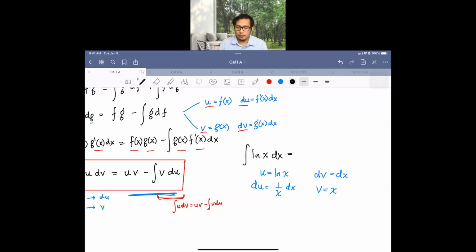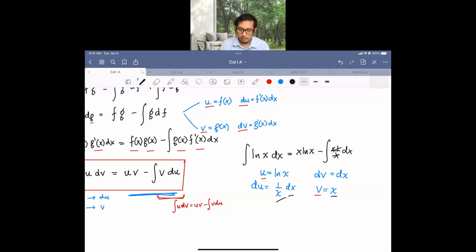We could write uv, so x ln x, and then minus the integration of v and du, which is x and 1 over x dx. So x times 1 over x will cancel, and we will have only dx.